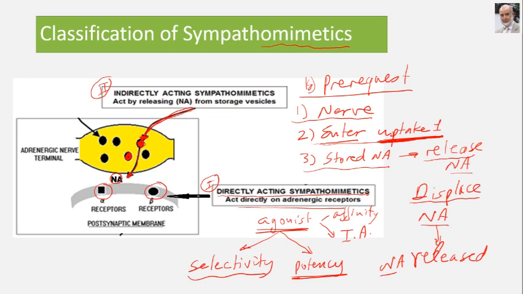Therefore, we expect that the action of indirectly acting sympathomimetics will disappear, or they produce no action, if there is no adrenergic nerve terminal, or if there is no uptake, or if there is no stored noradrenaline at the storage sites. Okay, so these are the general properties of indirectly acting sympathomimetics. They enter the nerve, they displace noradrenaline, and they cause the action through noradrenaline.